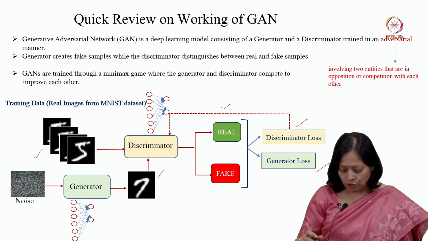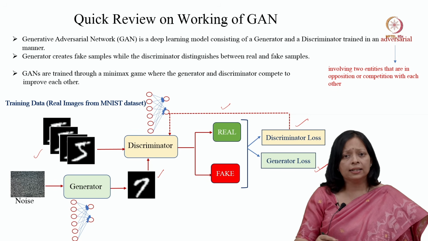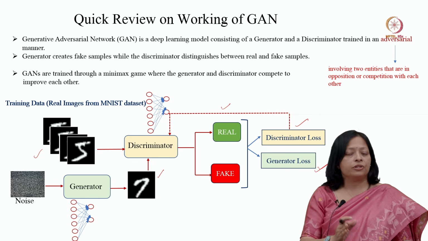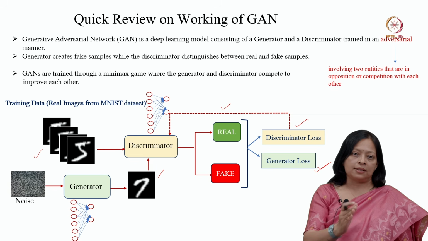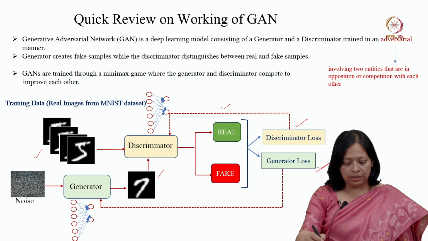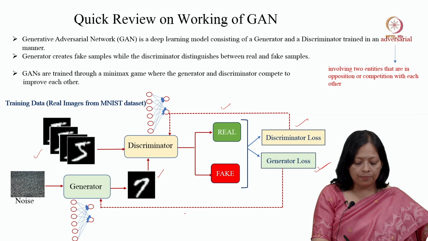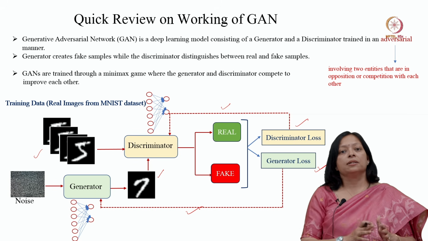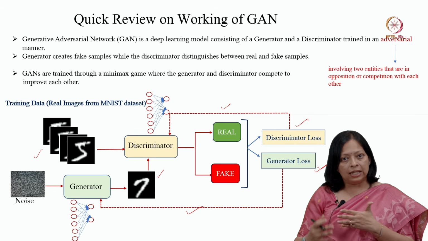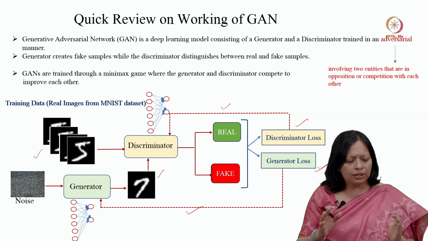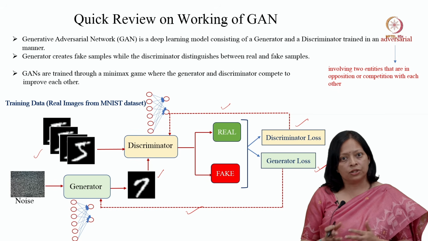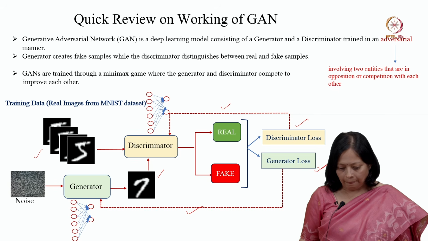So, we get the generator loss if the discriminator is telling that the generated image is not the same as the real image. This loss gets backpropagated, and the generator gets trained to improve its performance in each and every iteration. So, this is the overall framework of generative adversarial networks, which are the GANs.